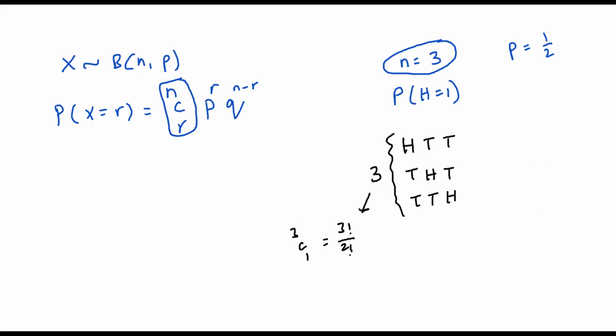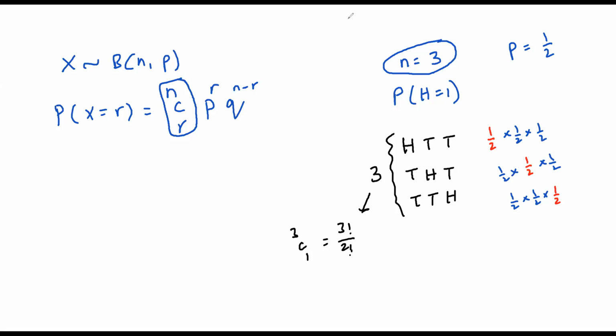Can I say this is going to be 1 over 2, this is 1 over 2, this is 1 over 2, and then this is going to be 1 over 2 into 1 over 2, 1 over 2 into 1 over 2. Now this time, since the probability of both head and tail is the same, I am just changing their colors. So guys, head and tail, half into half into half.